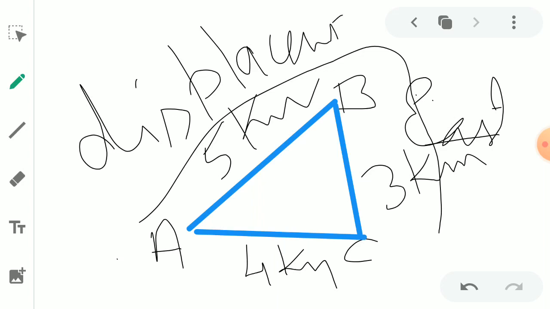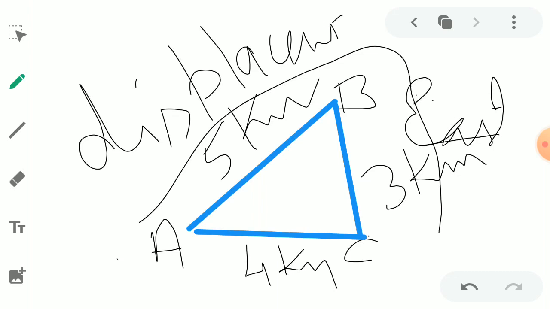So we can say that when a body moves from one point to another, the distance traveled refers to the actual path covered by the body, and it does not depend on which direction the body is moving. But when we talk about displacement, it refers to the straight line path between the initial and the final position.